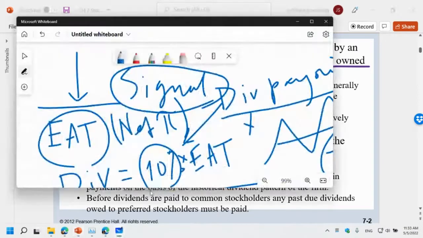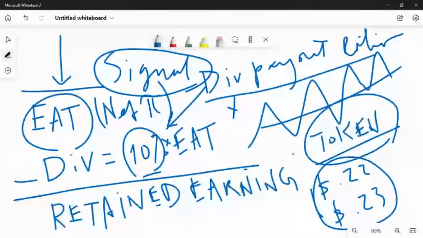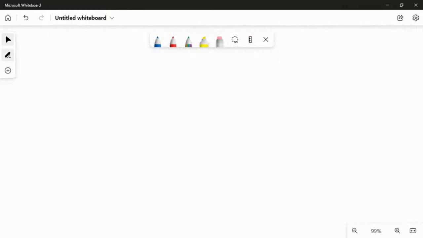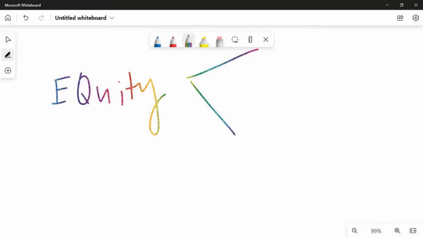Think about it. Stock is equity, paid-in capital. There are two types of equity. You remember, right? Equity comes basically by selling stocks, by sale of stocks, and the cash comes in.